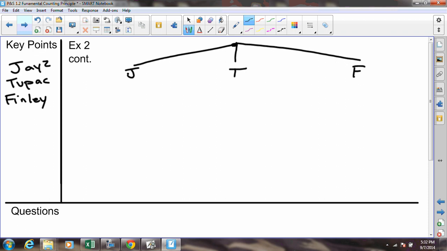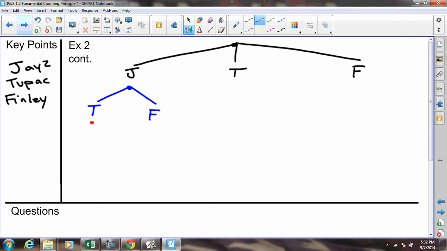If you pick Jay-Z first, what are your options after that? Well, the only 2 things left were to play Tupac or Finley. We could track this further and say, if you picked Tupac, what choice do you have left for the third one?